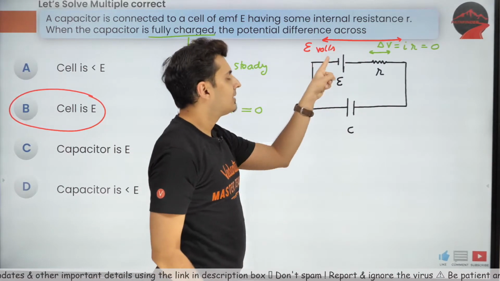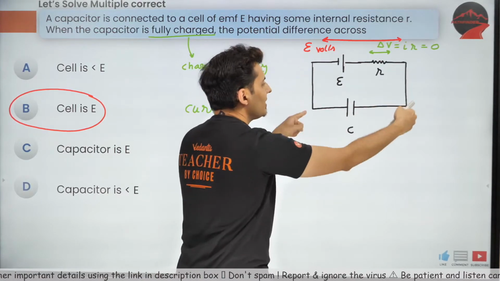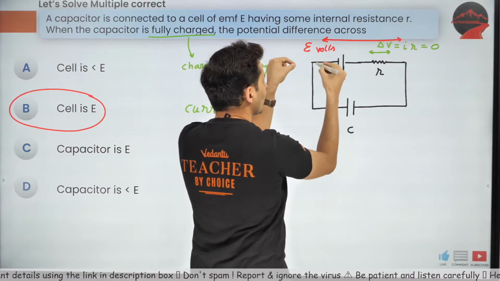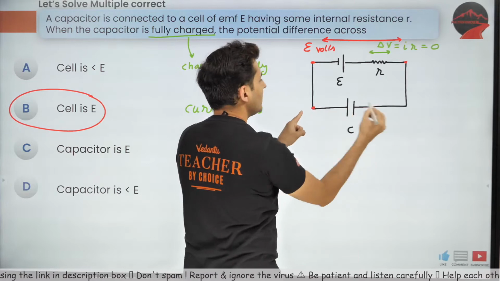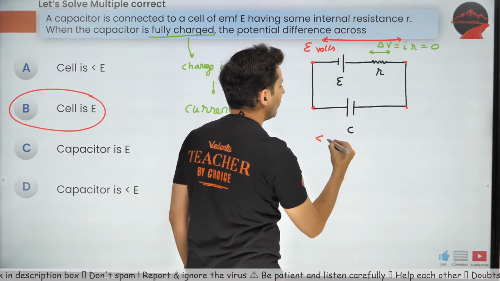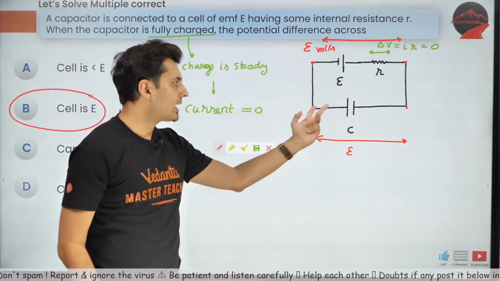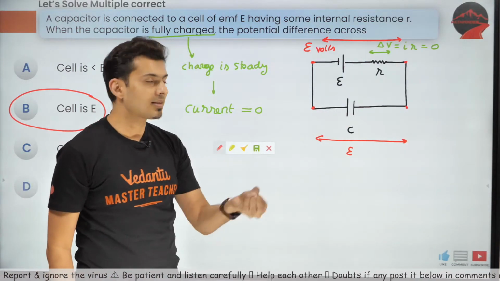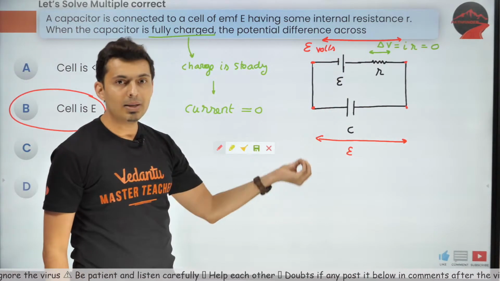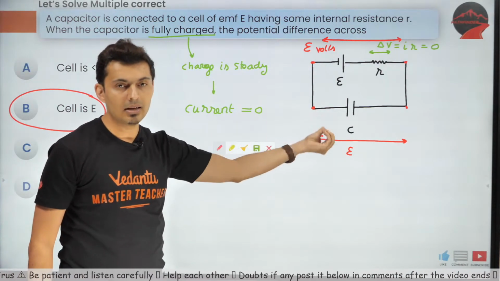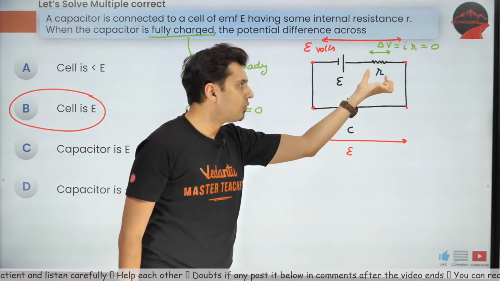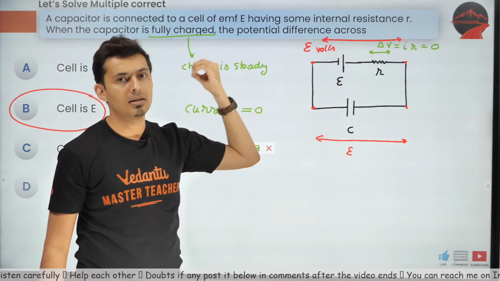Now, if this has E volts, obviously you can see both of them are in parallel. These 2 points and these 2 points are in parallel. So what will be the voltage finally? It will be E only. So eventually the capacitor will have E volts. Whatever the EMF is will be transferred over here. Completely it will get replicated because there is no voltage drop across the internal resistance.